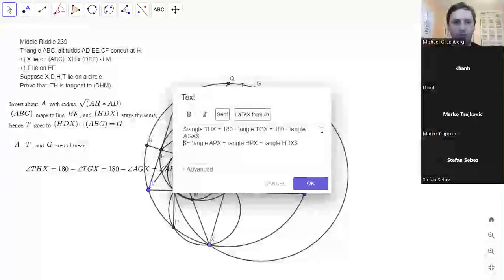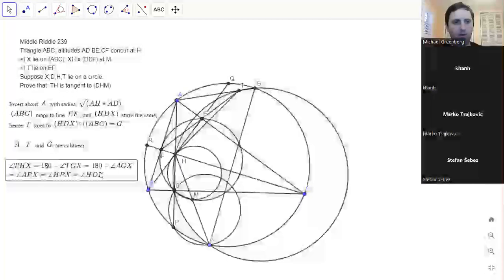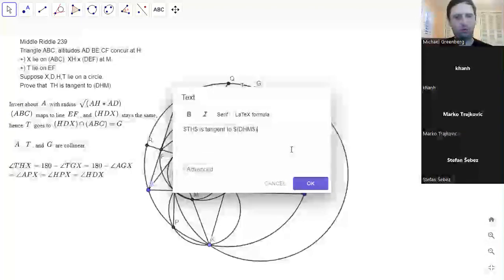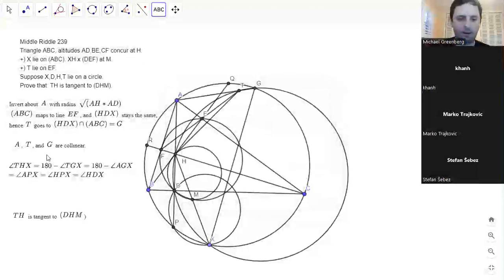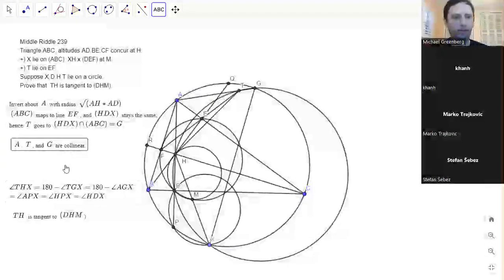Now I'll move on to the next one. So TH is tangent to BHM. I should write, I mean, we use that a homothety about H takes HTM to HPX.